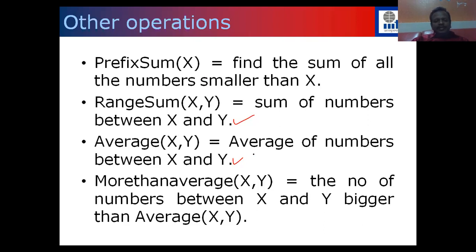So if you have the basic implementation for the AVL tree, you can do all these operations in order log n, right? This is called augmenting the data structure. We built an AVL tree just to implement search, insert, and delete.